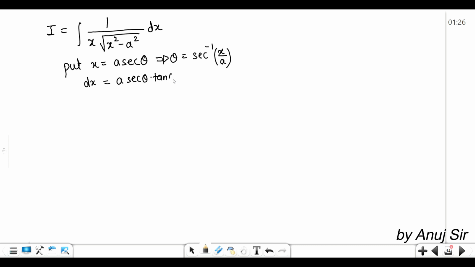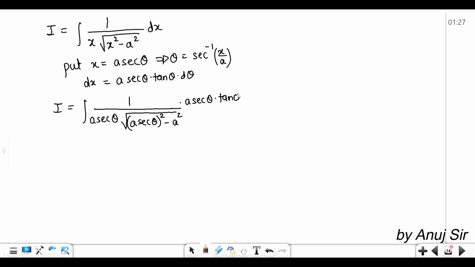Let's just substitute here, that gives you 1 upon, the value of x will be a sec theta, square root of a sec theta whole square minus a square, and the value of dx will be a sec theta into tan theta into d theta. Now a sec theta and a sec theta will get cancelled from the numerator.